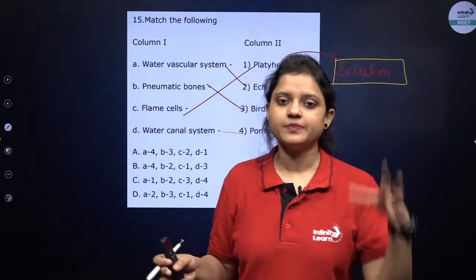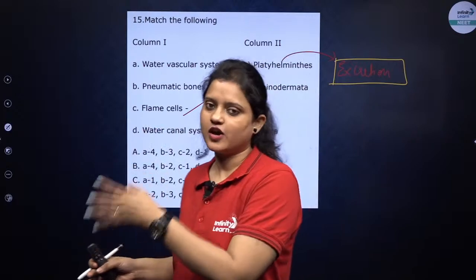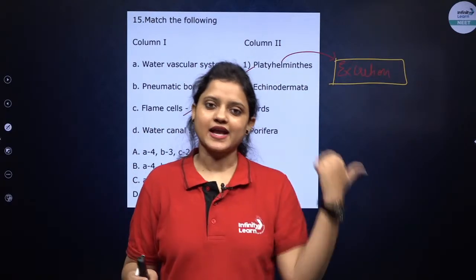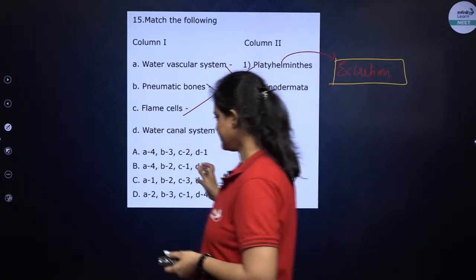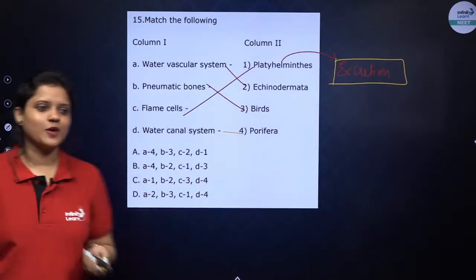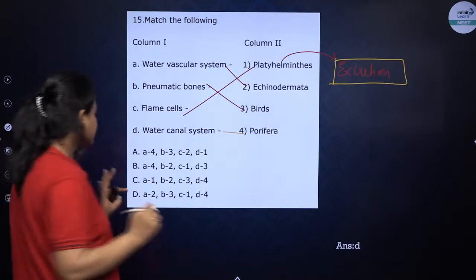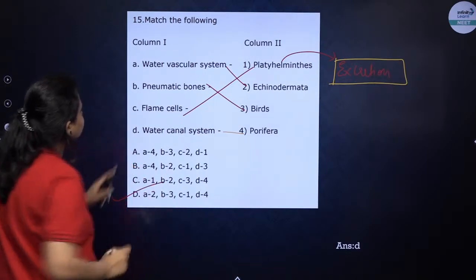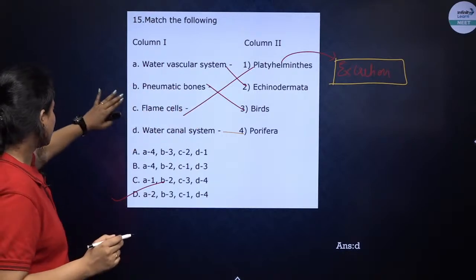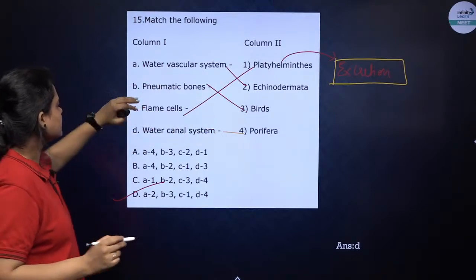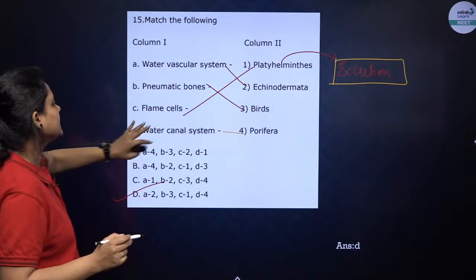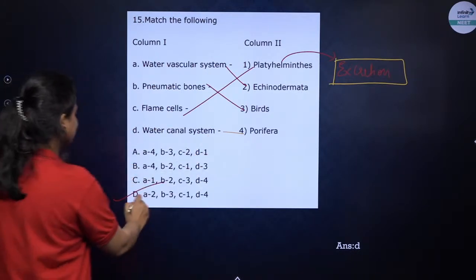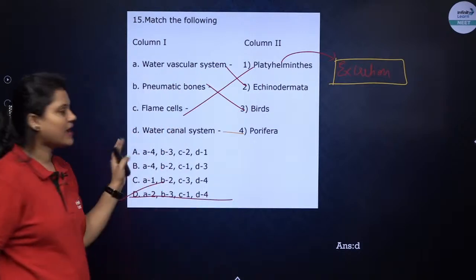Water canal system is present in porifera or sponges and water vascular system is present in echinodermata. मैच कर दो और बता दो क्या है करेक्ट ऑप्शन. Rishi is saying C, but the correct option is D. Okay, A 2, B 3, C 1 and D 4. Correct option is D.